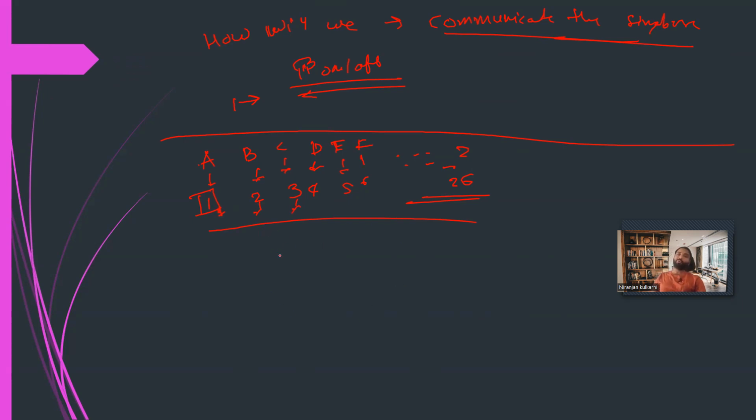To do so, we can also reassign the number values to the numbers. What does that mean? I can make 3, 4, 5. So I will assign A, B, C, and I'll treat the numbers as symbols too.